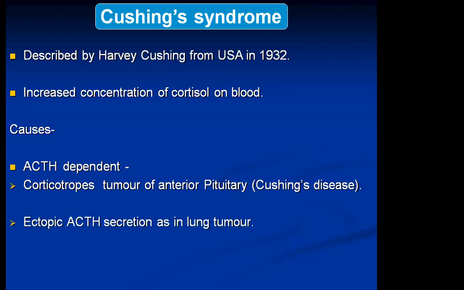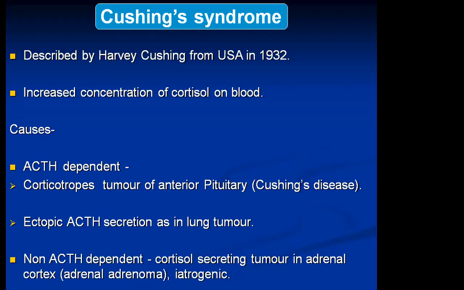There can be ectopic ACTH secretion. For example, in certain lung tumors, the ACTH can be secreted not from the actual anterior pituitary, but from certain other sites, and therefore it will lead to a secondary hypersecretion of ACTH. Then what is non-ACTH dependent Cushing syndrome?